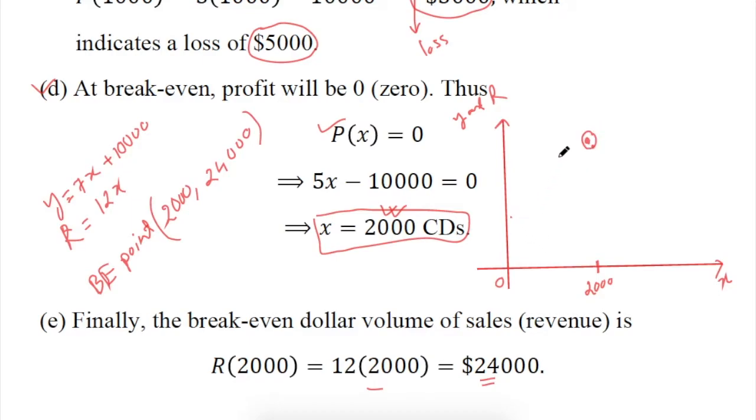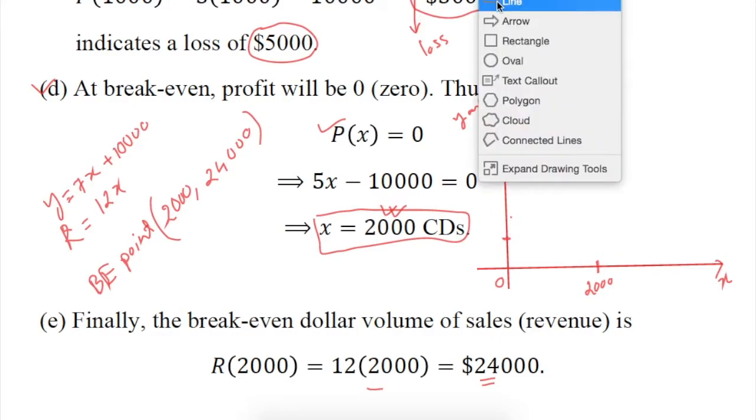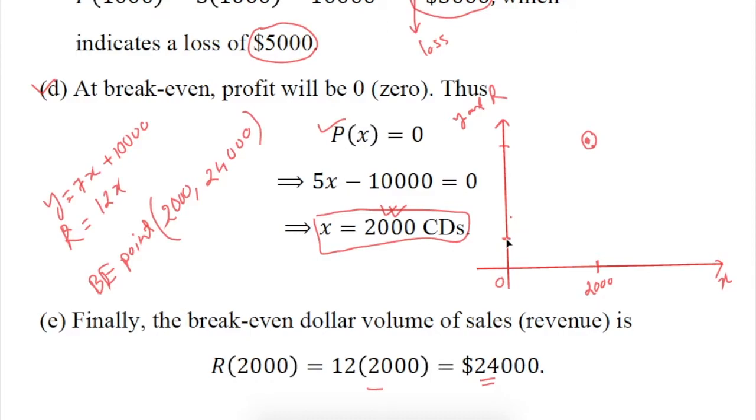2000 is here. This is a rough sketch. So if this is 24,000, then the y-intercept is 10,000. So 10,000 will be approximately here. Now the cost line will start from this point, and it will pass through the break-even point. This is the cost line.